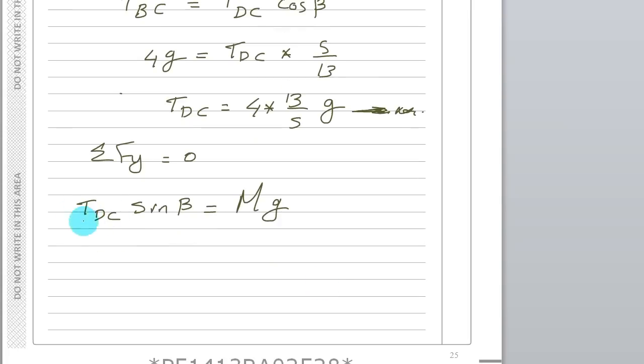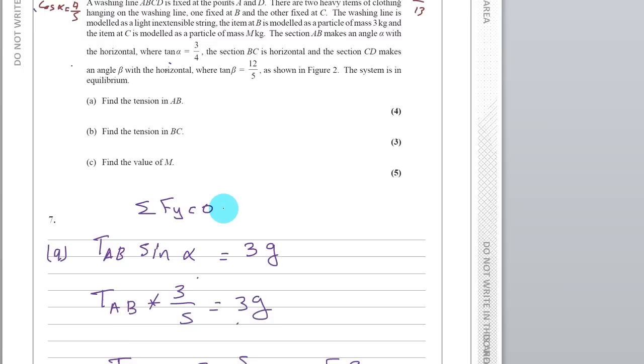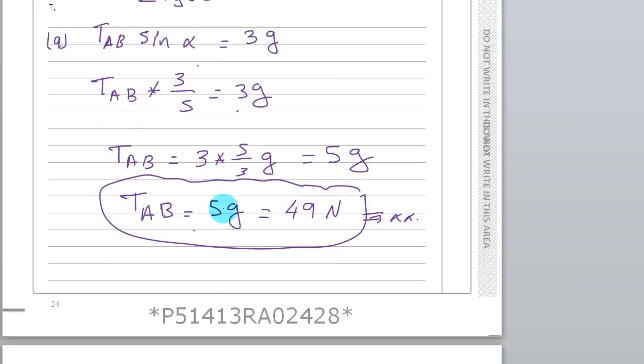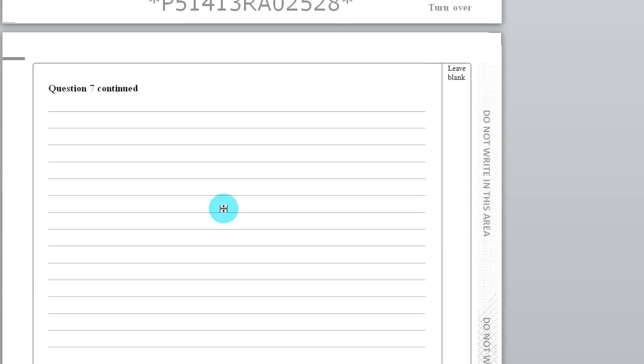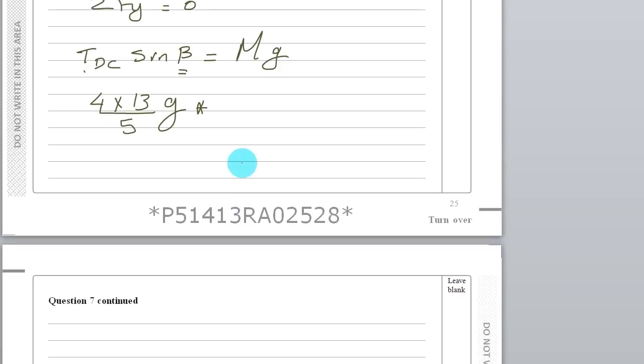T_DC, which is equal to 4 multiplied by 13 divided by 5 g, multiplied by sine beta, 12 divided by 13, will equal mg.